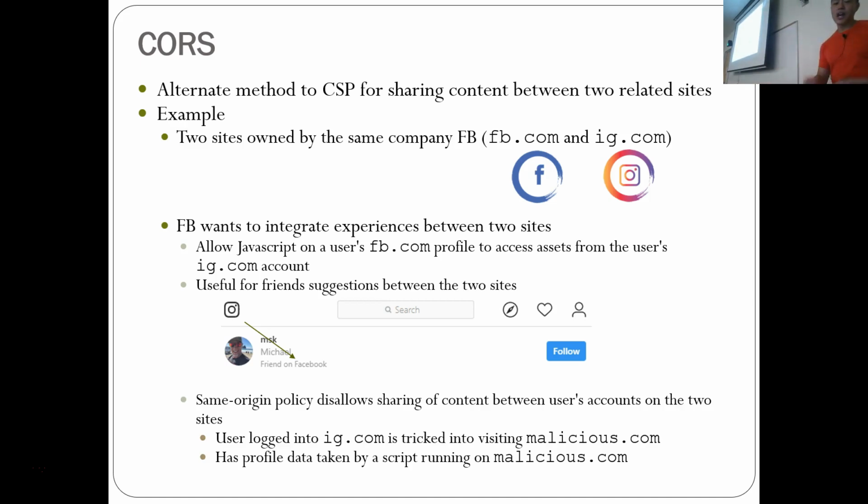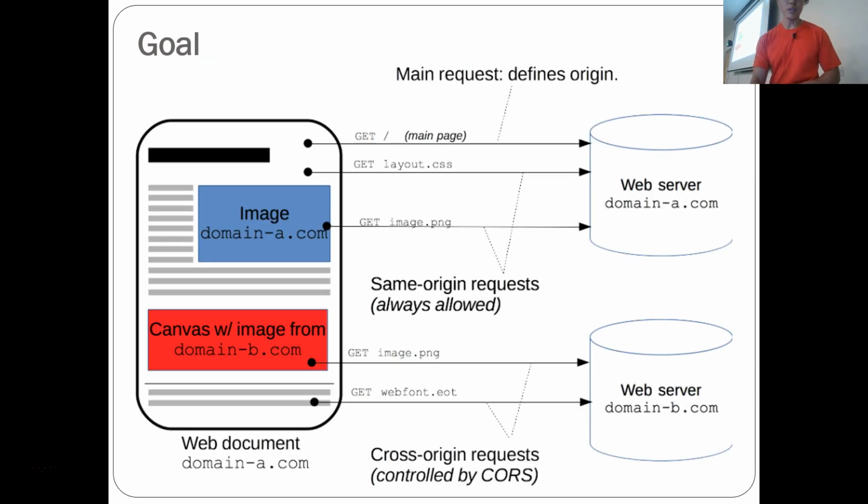But if you allow this kind of sharing, you could potentially have the Instagram user visiting malicious.com and then having malicious.com pull all the contacts that you have on Instagram.com. So you want to allow Facebook access, but you want to disallow malicious.com. And this is what CORS is intending to allow you to do.